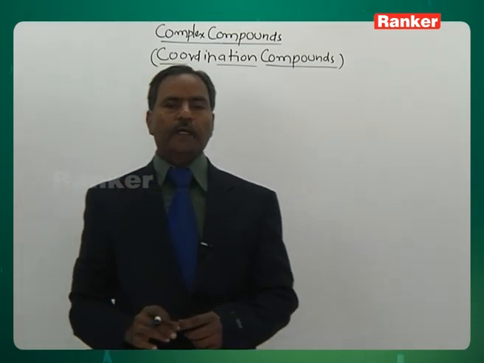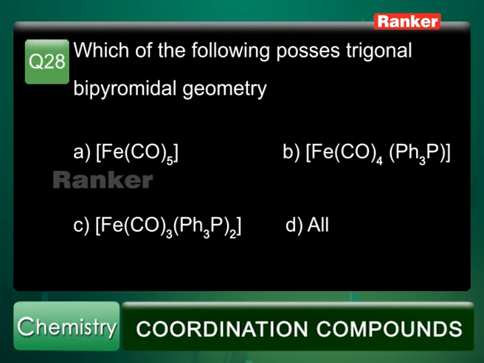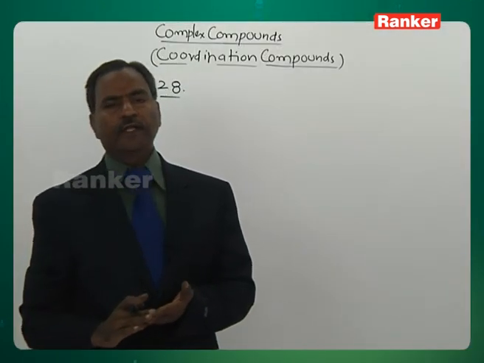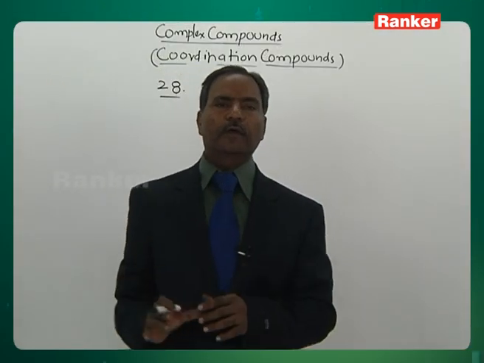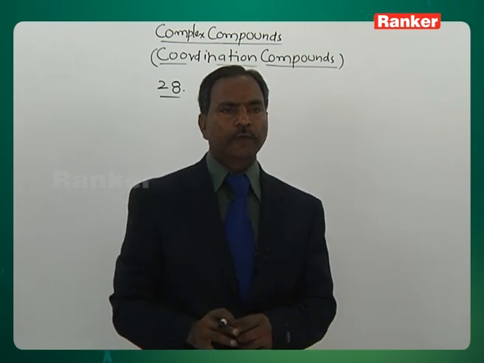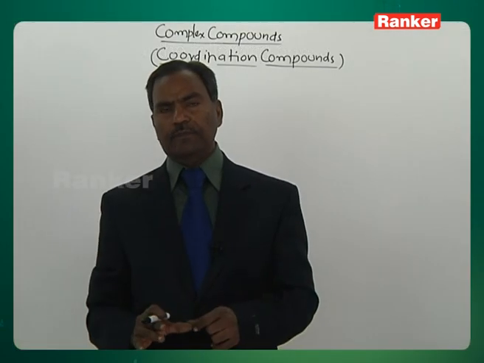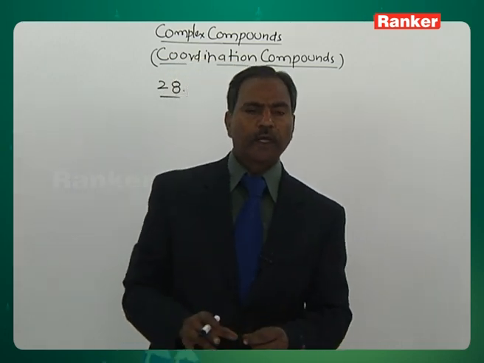Question number 28. Which of the following possess trigonal bipyramidal geometry? Generally wherever coordination number 5 comes, you can think of trigonal bipyramidal. Option A, Fe(CO) taken 5 times, coordination number 5, dsp3, so it will be trigonal bipyramidal.